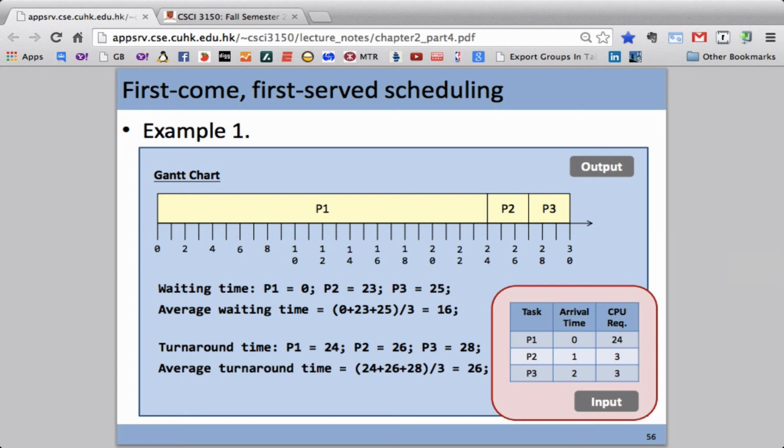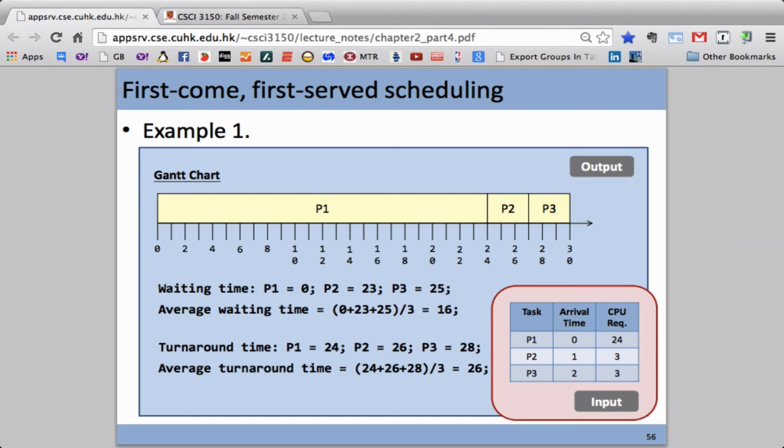And then we can derive some numbers. Why do we derive the numbers? Because we can compare the effect. What the effect is, I'll tell you later. So the waiting time, I guess no one will argue with me whether I'm doing a correct job or not. 0, this guy enjoys the CPU from his birth, no one is waiting, so no CPU resource is wasted, no unhappy feeling. And how about this guy, born at time unit 1, while he is waiting, this other guy is enjoying, so for how long?